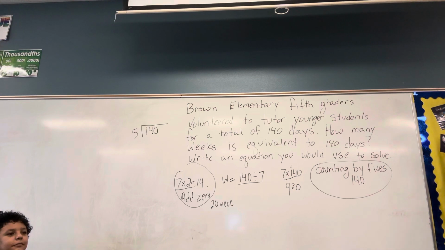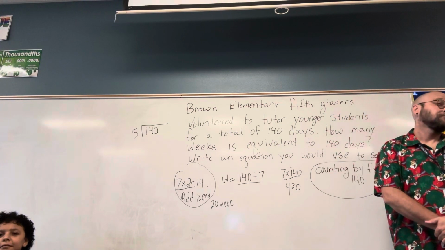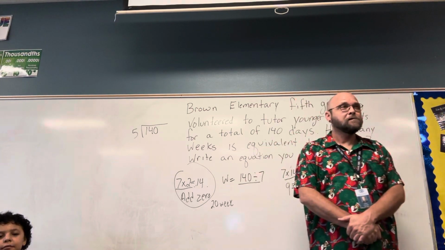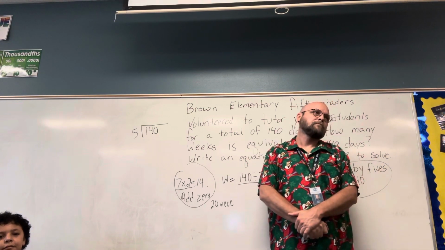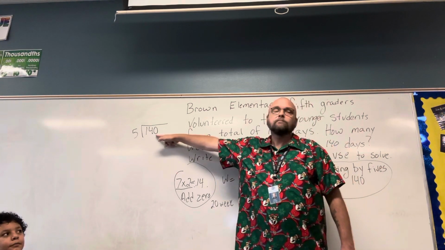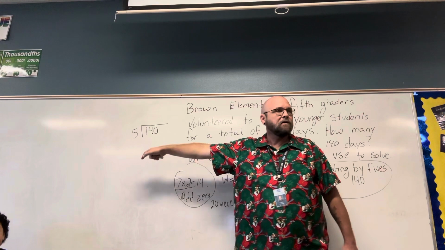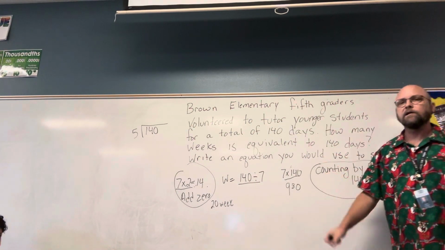Yes. How do you know? I don't know how to explain it. It has a 0 in the ones place. Yes. If it has a 0 in the ones place, 5 is going to divide evenly into it.